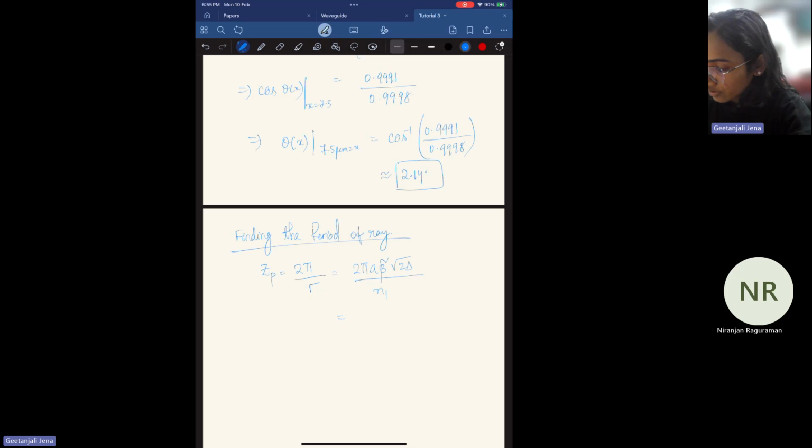If you put the values, it is 2 into 3.14, a is 50 micrometer, and beta tilde is nx, which is 0.9991, square root of 0.02 over 1.5. And this will come around 29.58 micrometer.